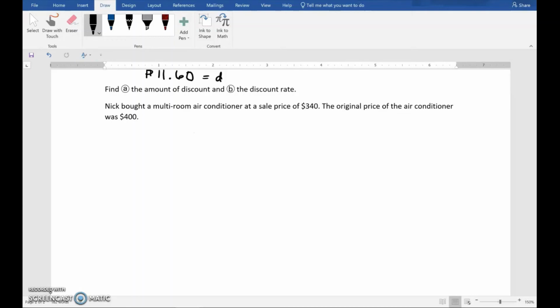So in this case, since we know the sale price was $340, and we know the original price was $400. What is it that we're trying to find in part A?